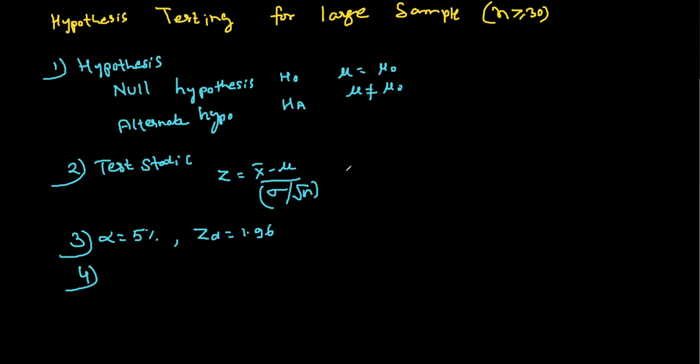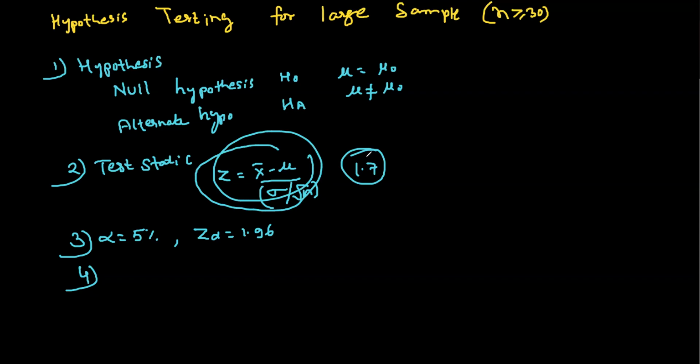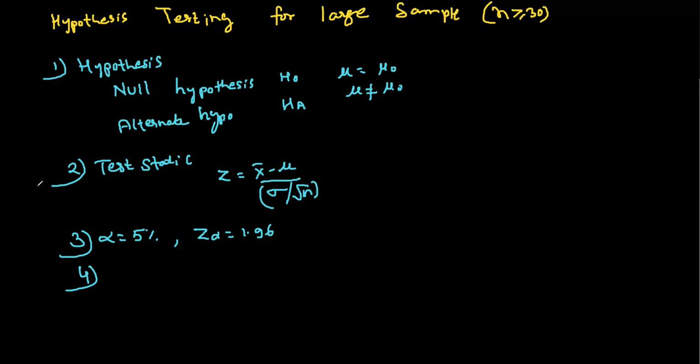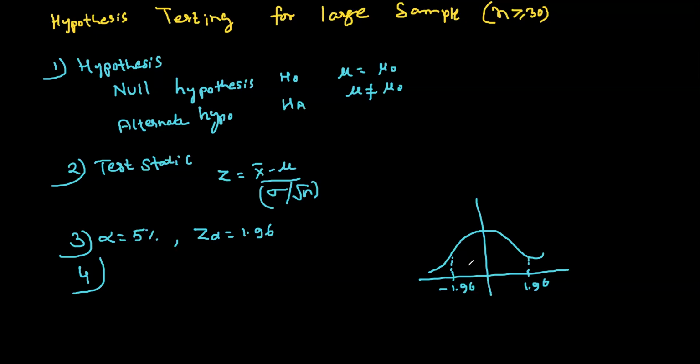Let's suppose we calculate and get 1.7. We know that the range is from minus 1.96 to 1.96, and 1.7 lies between these two values.